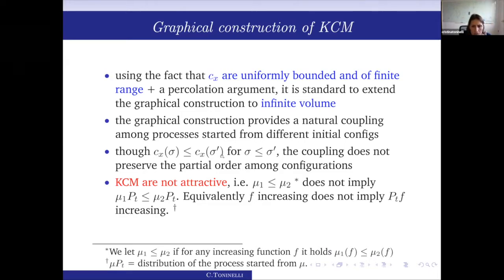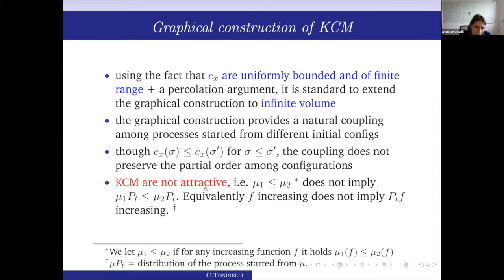Despite this monotonicity of the constraints, the process itself, this coupling, does not preserve this partial order among configurations, and it's due to the fact that having more empty sites can induce validating, so making possible some of the updates which were putting more occupied sites.